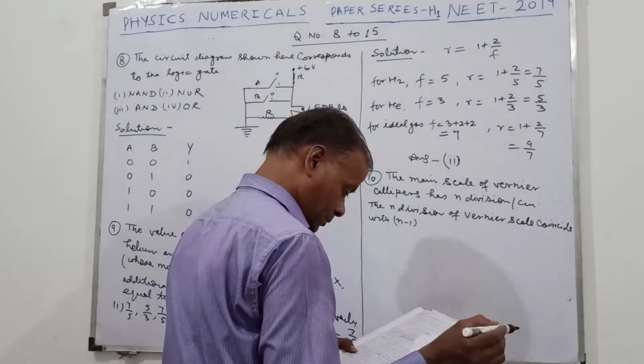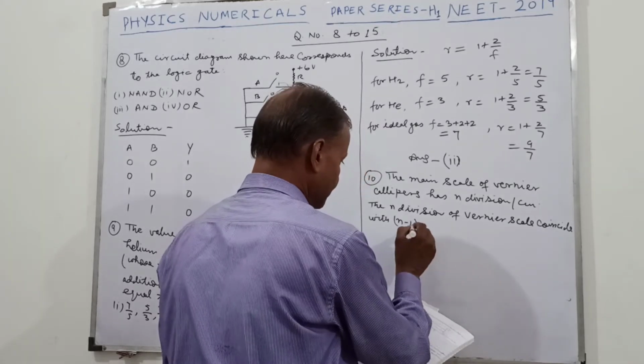equal n minus 1 divisions of the main scale.